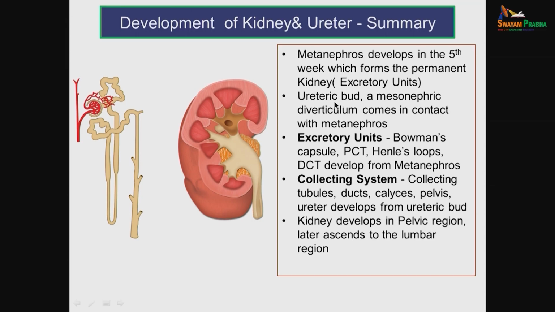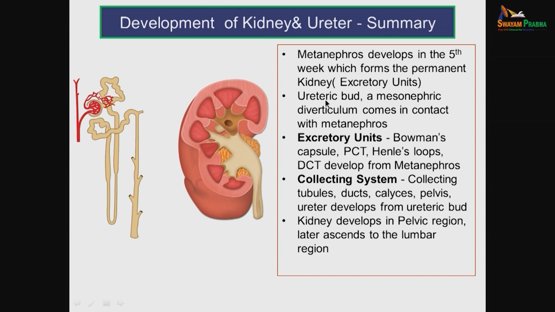We also talked about the ureteric bud, which is nothing but a mesonephric diverticulum which comes in contact with the metanephros. Once the ureteric bud comes in contact with the metanephros, it induces the metanephros to form the excretory units.